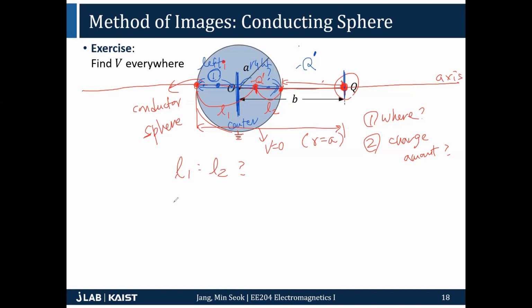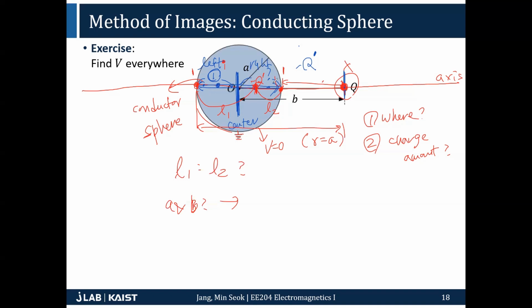Using A and B. Right. So as Kang Yung said, the ratio must be the same. The length ratio from this charge to this point and that point should be equal to the ratio from this charge to this point and that point. So from that relation, the position of this charge is determined, right?